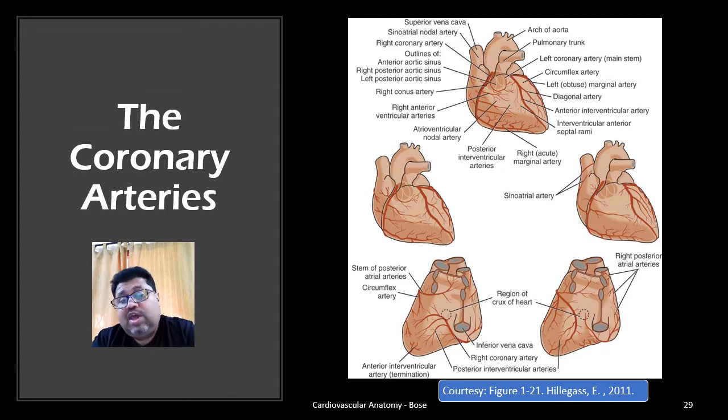Now let's look at the most important in terms of myocardial function, the left coronary artery. It is the bigger of the two and originates from the left anterolateral aspect of the aorta and splits into two major branches, the anterior interventricular and the circumflex arteries.